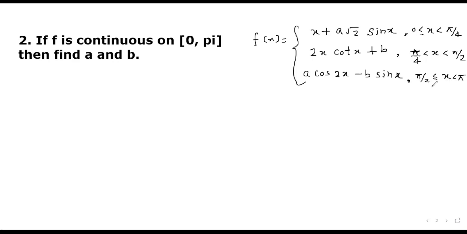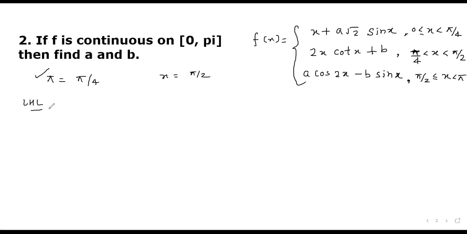So here, first we will try the function to be continuous at x equal to pi by 4, and then at x equal to pi by 2. So first let's consider x equal to pi by 4.